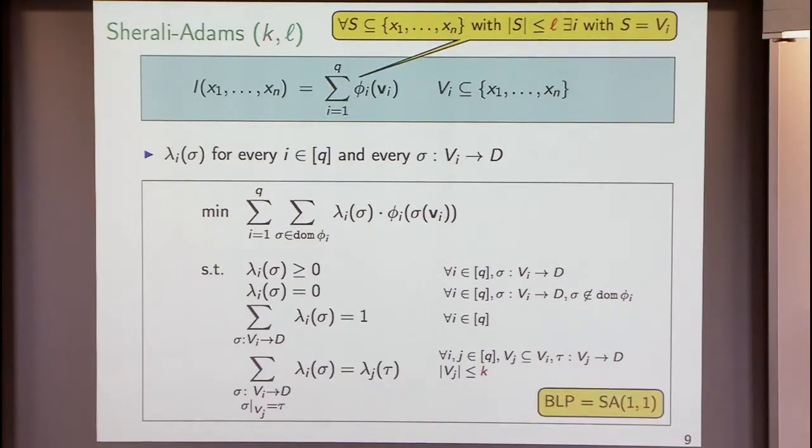So in this notation, BLP is just SA11. The reason why we have two parameters, it allows us to obtain slightly stronger results than just having one parameter. But as I said, if you are familiar with the Sherali-Adams hierarchy, just think of K and L being equal.